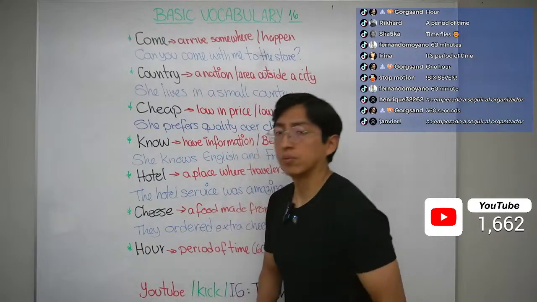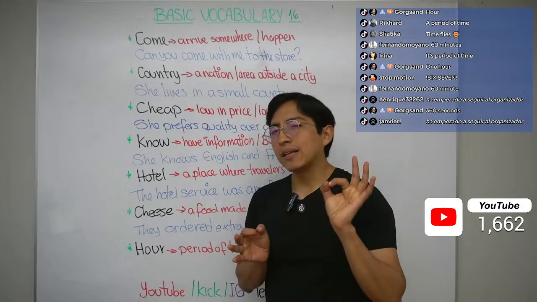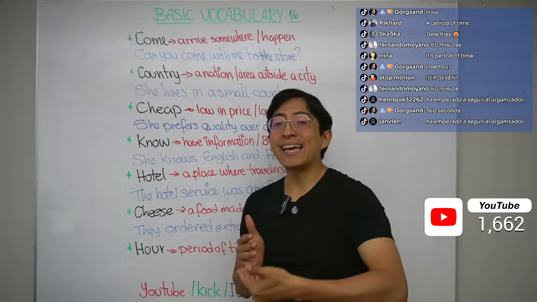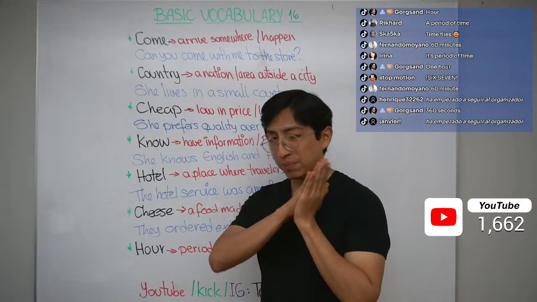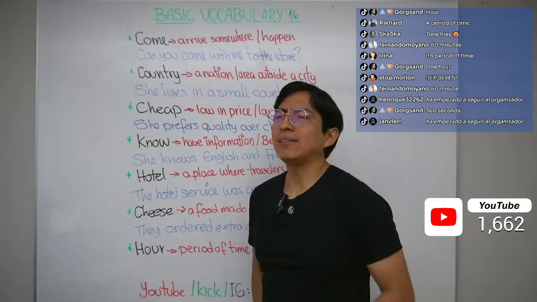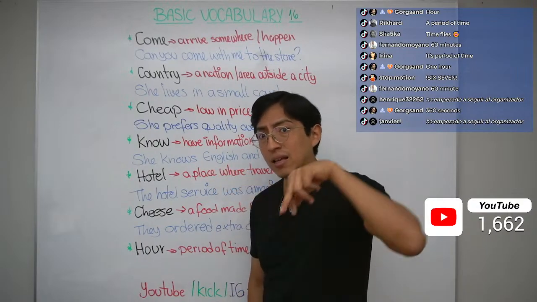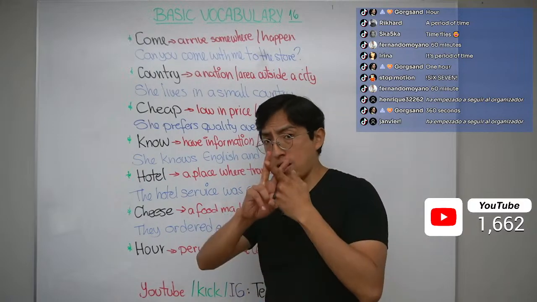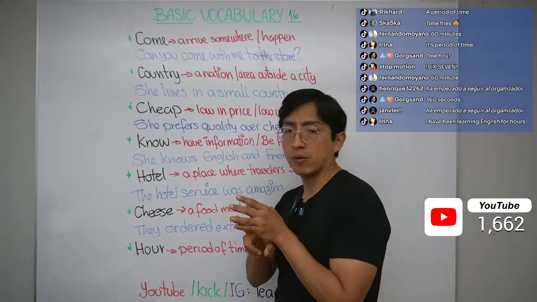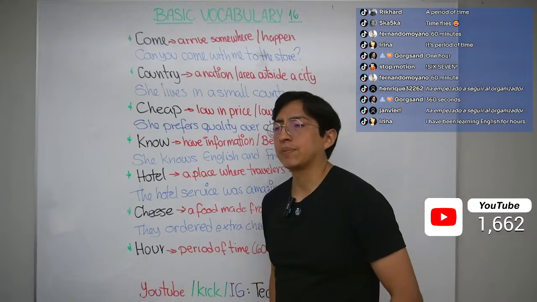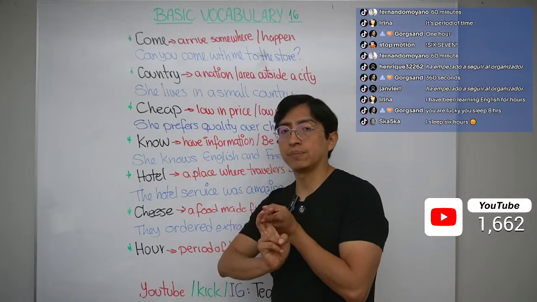Okay, so let's start with number one. You can say, I sleep 8 hours. Okay, I always sleep 8 hours. I sometimes run for 2 hours. Yes, I always or I sometimes run for 2 hours. Or you can say the movie was 2 hours long.